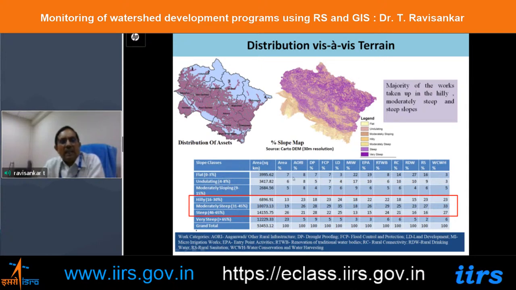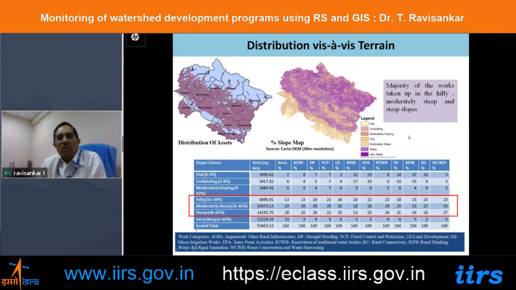And again, the slope classes and how the Manrega assets are distributed. If you look at the hills with steep to moderately steep slopes, most of the control measures have been initiated. As all of you know, Uttarakhand is one of the hilly districts in the northern states, and you can see how the various activities have been taken up.